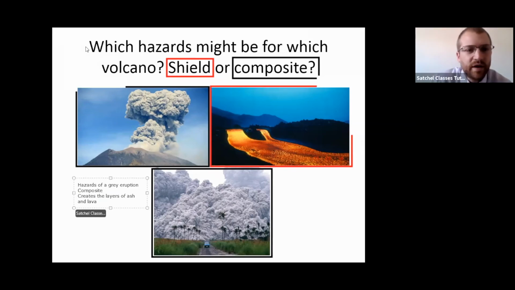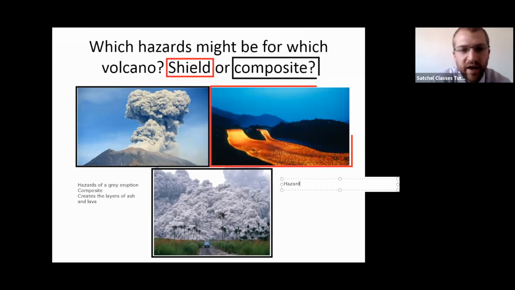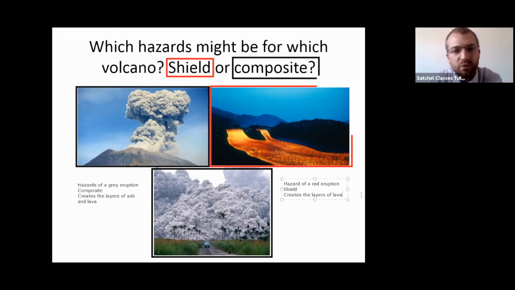And therefore, on the other side, got lava, which is the hazard of a red eruption. That tends to be shield, and this creates the layers of lava because it's non-explosive. There's no ash being thrown or launched into the air.